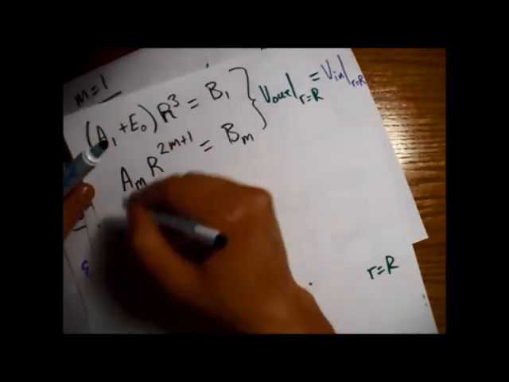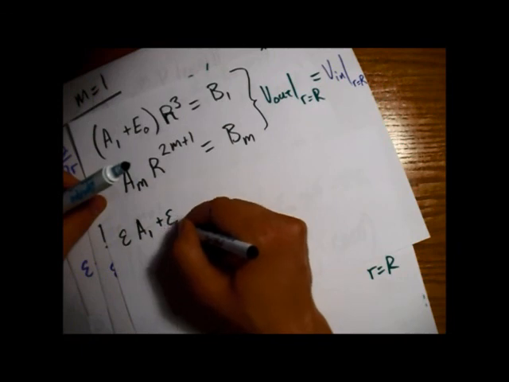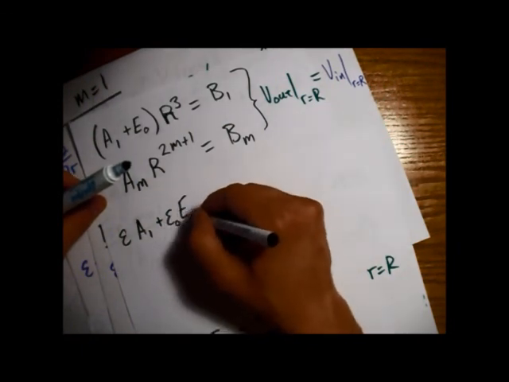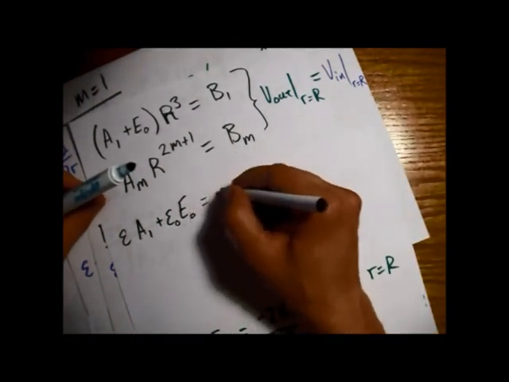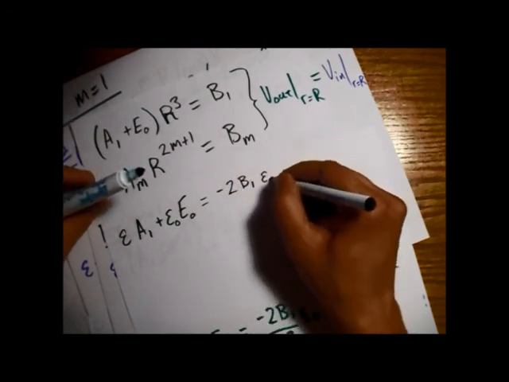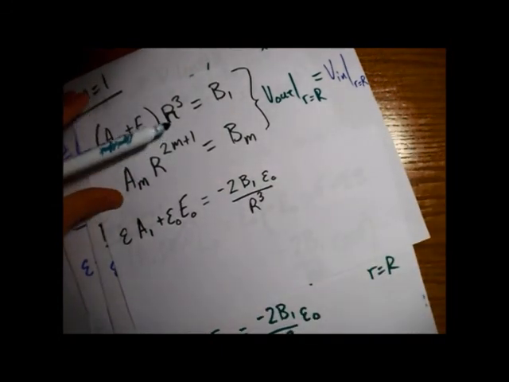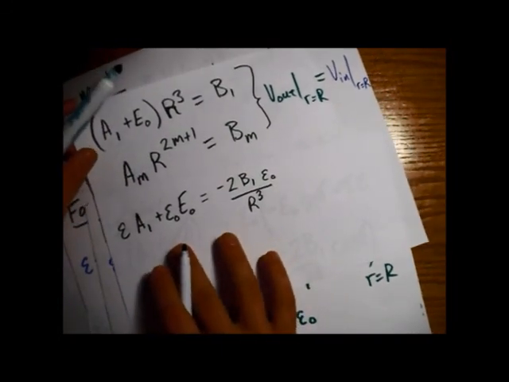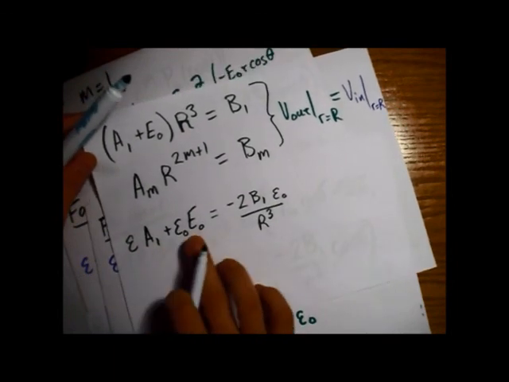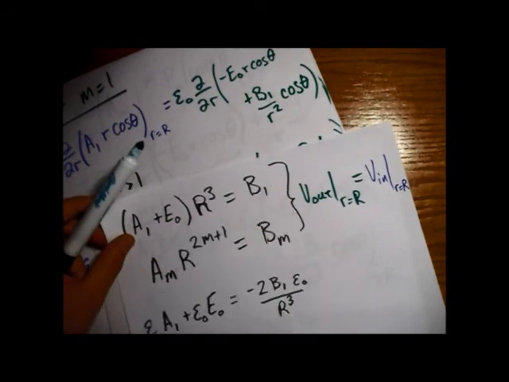Okay, so we're going to come back later and work out these equations, obviously. Okay, so that's our m equals 1 equation, just like we had up here, the m equals 1 equation.